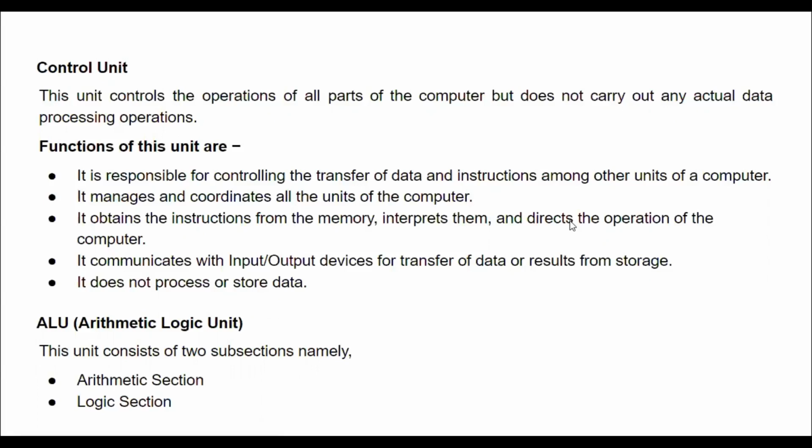It obtains the instructions from the memory, interprets them, and directs the operation of the computer. It communicates with input-output devices for transfer of data or results from storage. And it does not process or store data. So those are the functions of the control unit.